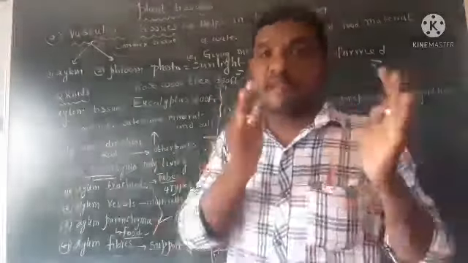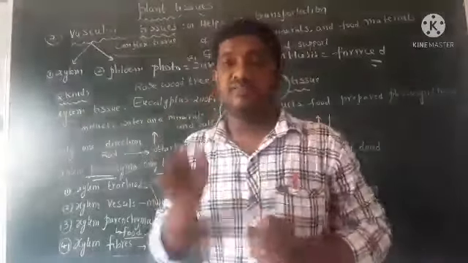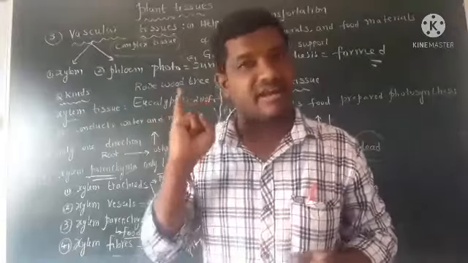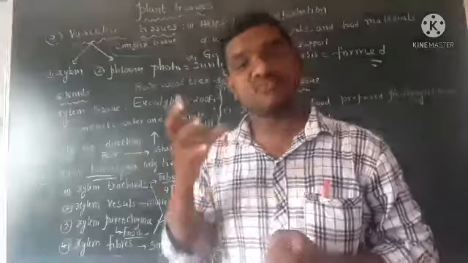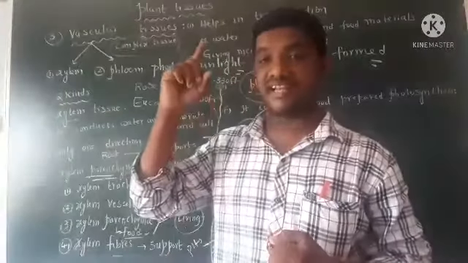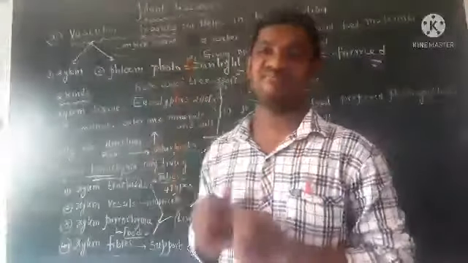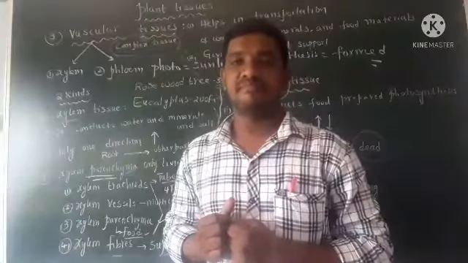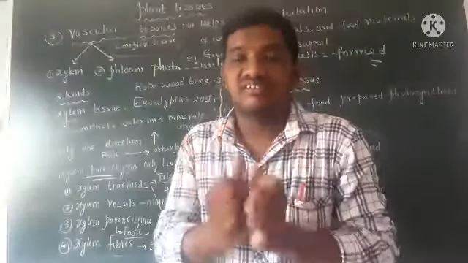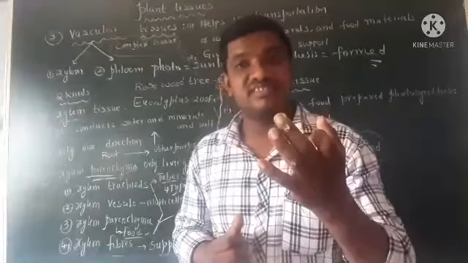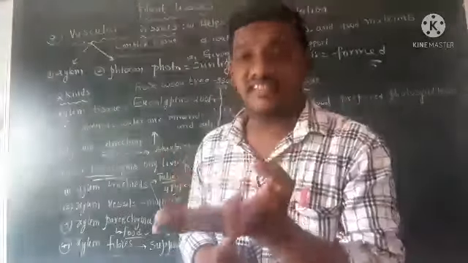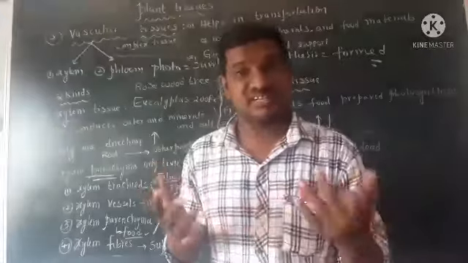Photosynthesis means plants preparing food with the help of carbon dioxide and water, in the presence of chlorophyll, by using sunlight as an energy source. The food that plants prepare is called glucose. In this process, oxygen is released, and water is also released.